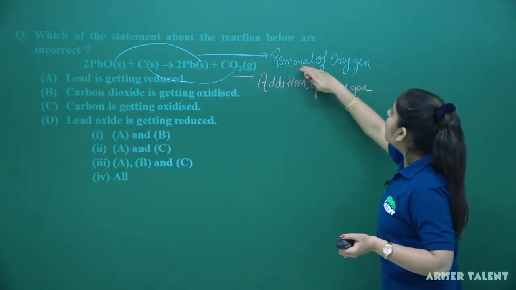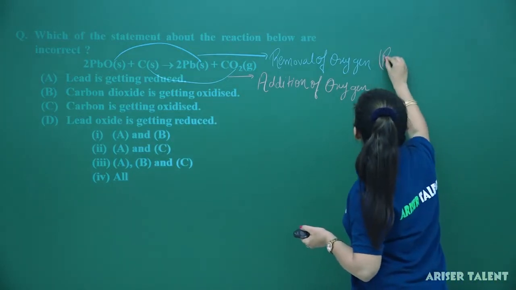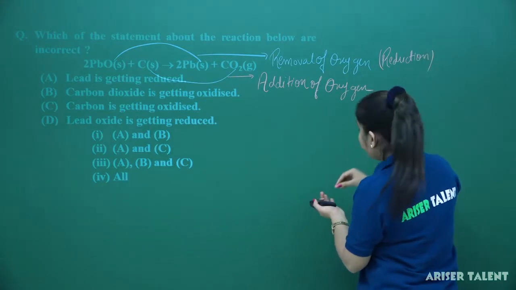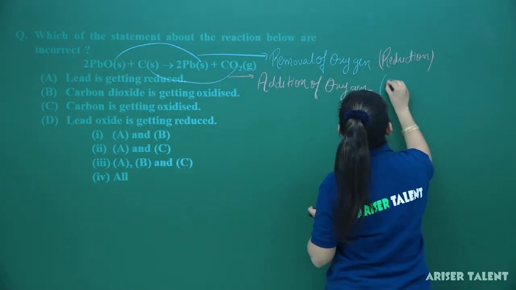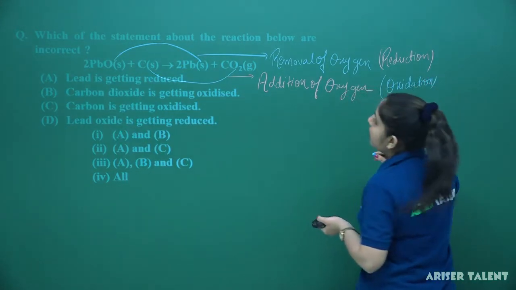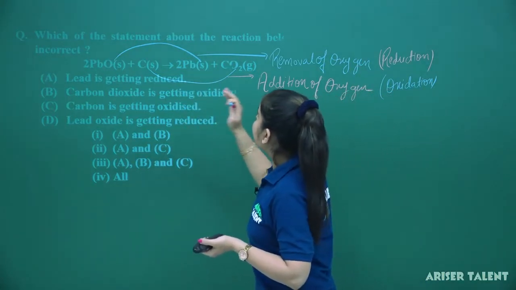Removal of oxygen is termed as reduction, and addition of oxygen is termed as oxidation. It means carbon is getting oxidized and lead is getting reduced.